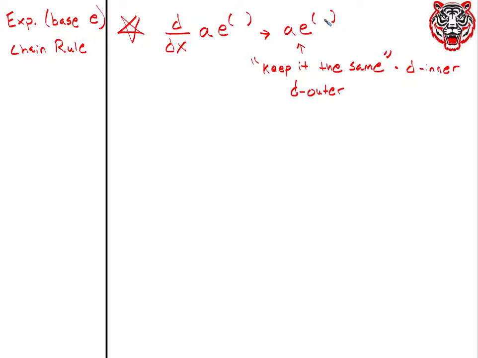Dinner might be something, remember, if it's complex, then it might have 2x to the power of 1. Our variable is up here. We'll find that the d inner in that case was 2 or something. We'll look at an example, but just know that for base e problems, the doubter is going to be this guy right here. It's the same thing, a e to the power of whatever you started with. It is the exact same, and then you just multiply it by the dinner.